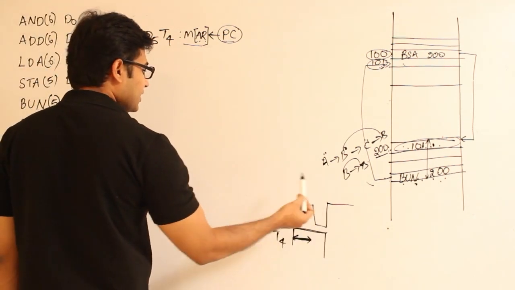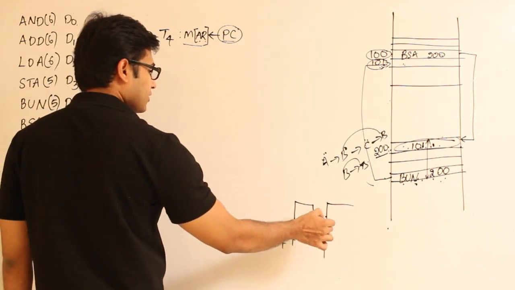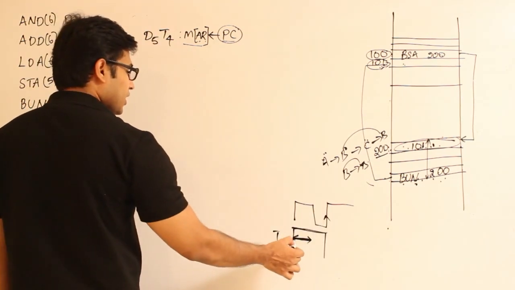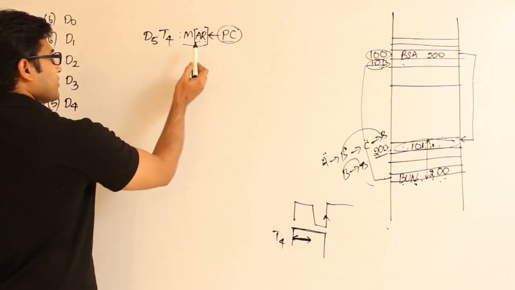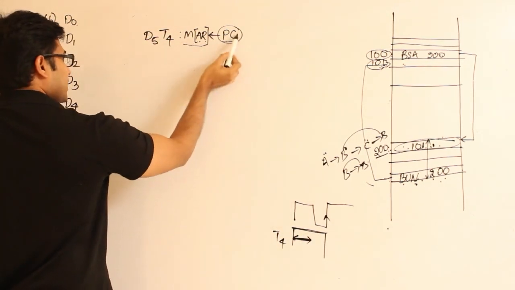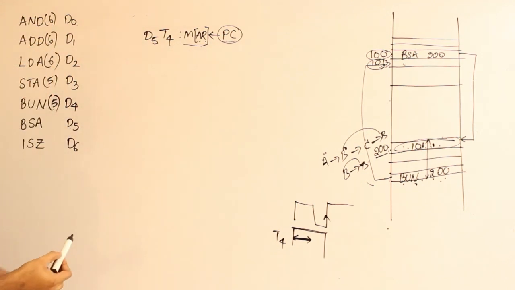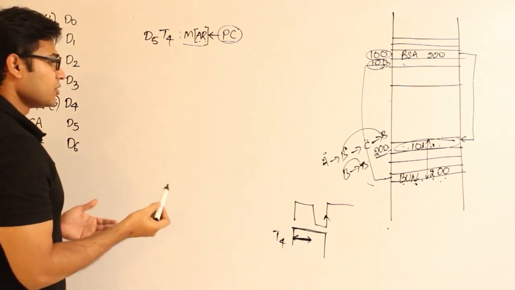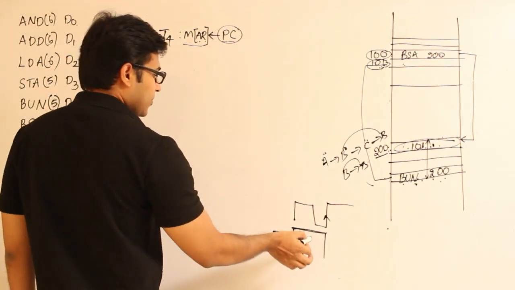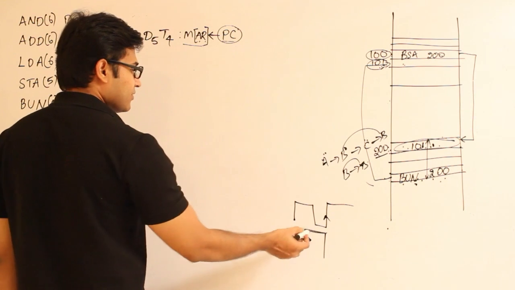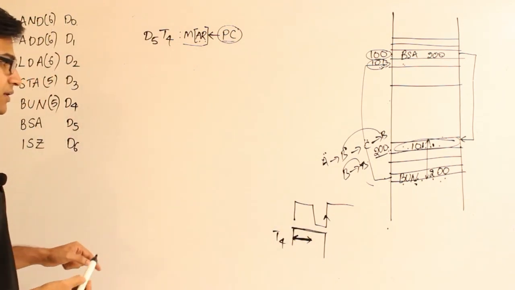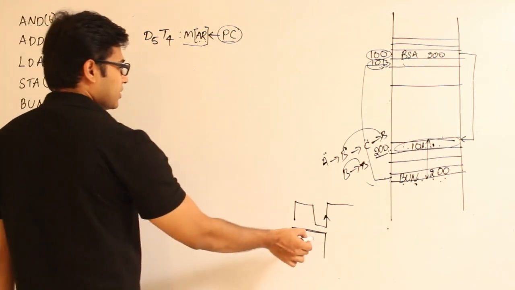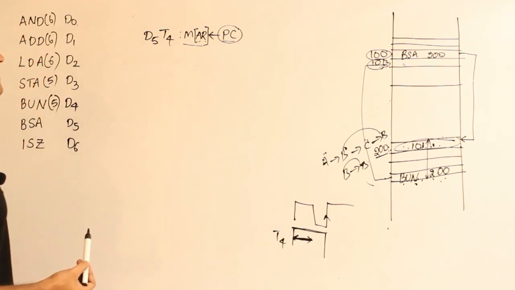You need not wait till the end of the clock. You can do it as fast as the memory cycle. So this operation will get finished depending on how much time the memory cycle takes, which means the speed of the memory. Assume that memory cycle is very small compared to the clock cycle, right? In that case we can assume that it is going to be done fast, right?